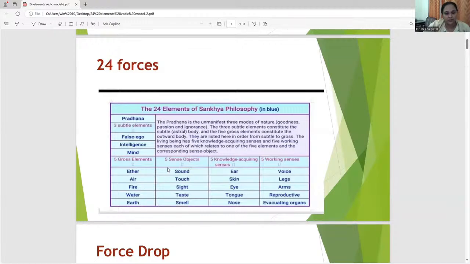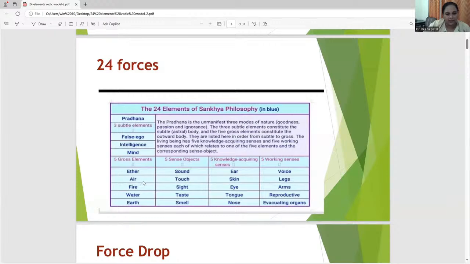Now the sense objects. Ether has a sense that we call sound. Its sense organ is the ear, and its working sense is the voice. So the ether element is required for voice, speech and language development.